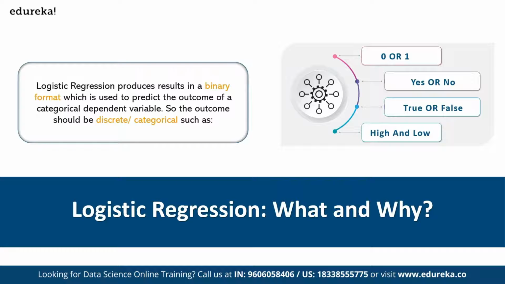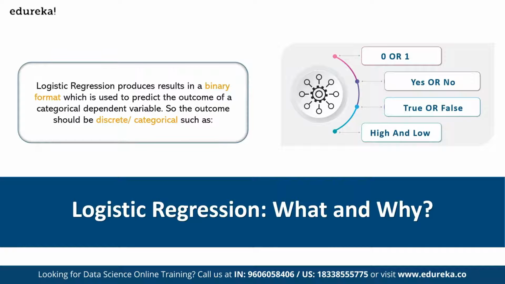Whether you want to determine if a particular car is going to fail or not, or whether it's going to rain or not. These are simple binary decisions, yes or no. Or whether you're going to clear your CAT examination or not. It's again a binary outcome, yes or no, right?